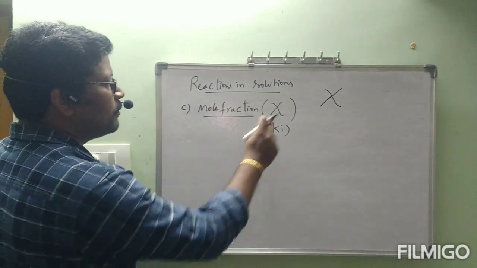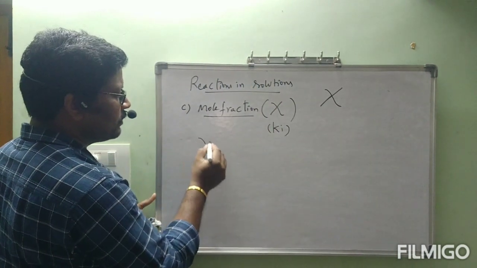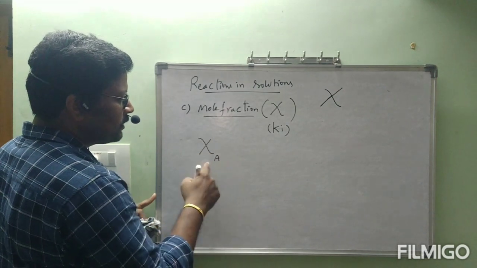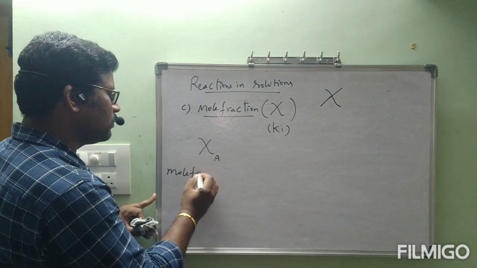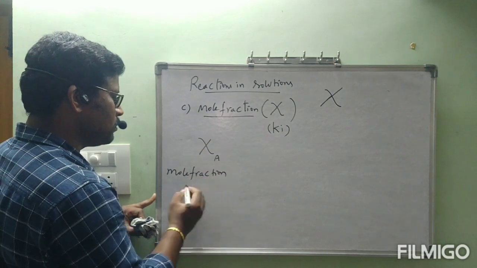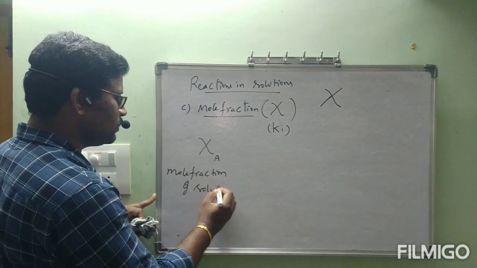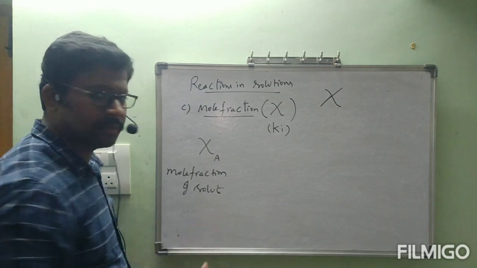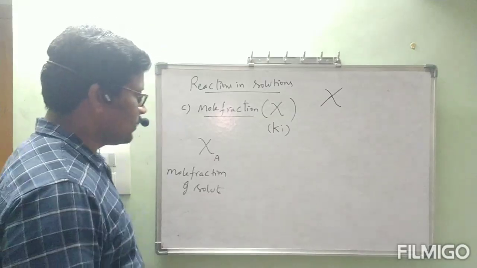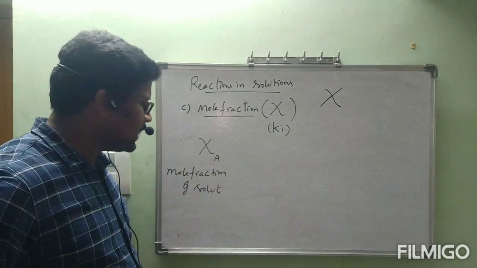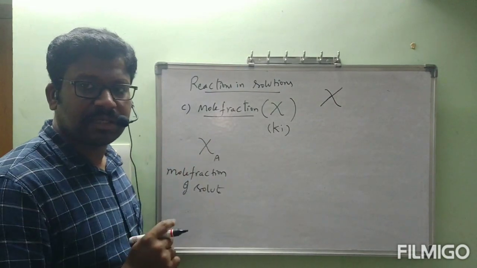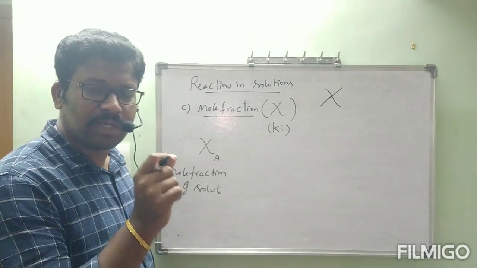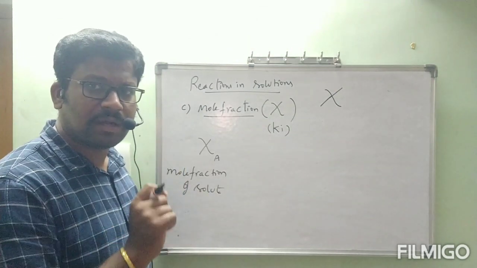First, mole fraction is represented by chi. For A, chi A is nothing but mole fraction of solute. We have written the definition as mole fraction of the component is equal to number of moles of the component.